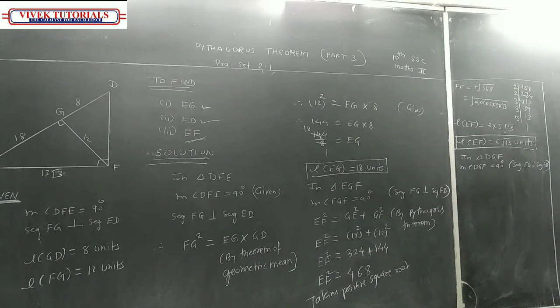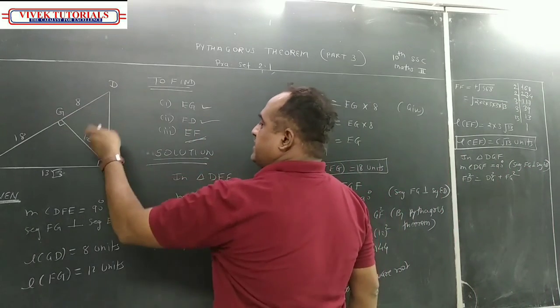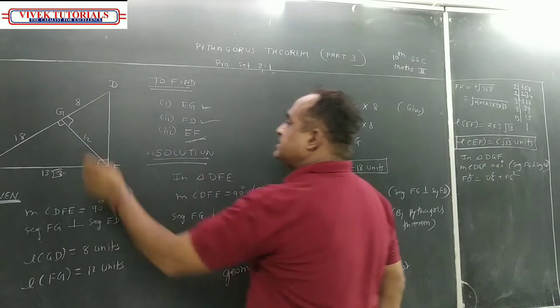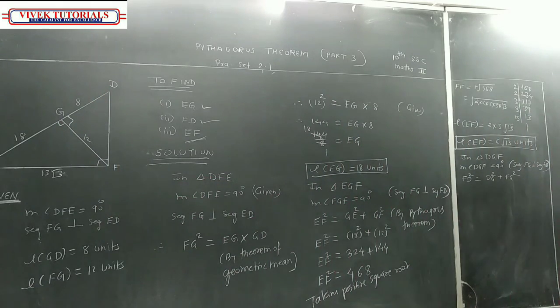Same way we are going to write. Now we are going to apply the Pythagoras theorem. That is FD square is equal to DG square plus FG square. This is a right angle triangle, this is the hypotenuse. Hypotenuse square is equal to DG square plus GF square, that is by Pythagoras theorem.